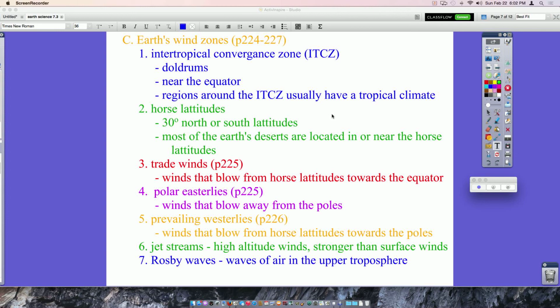In the summer, the waves tend to be shorter and shallower, allowing more waves to fit in there. Whereas in the winter, the waves are longer and deeper, so there are fewer of them. They are named after their discoverer, Carl Gustav Arvid Rossby. And usually the waves are associated with the polar front jet stream, so those two are connected in that way.